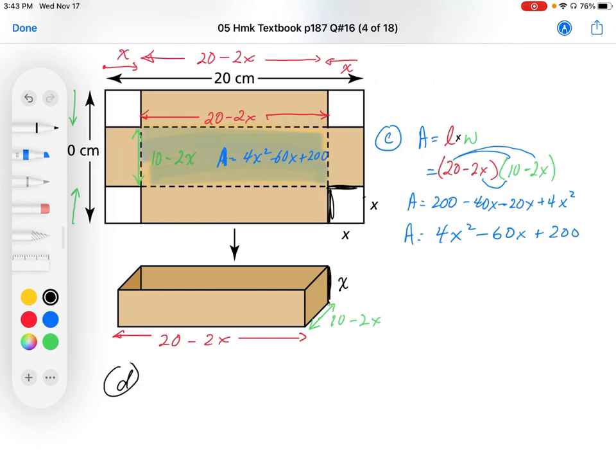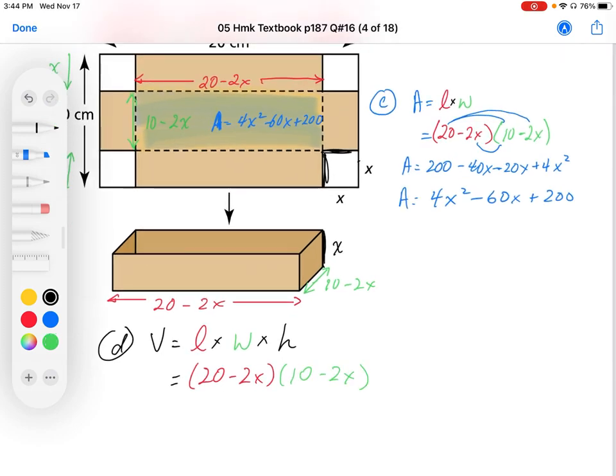Now if I want to calculate the volume, it's equal to length times width times height. My expression for length is 20 minus 2x, my expression for width is 10 minus 2x, and my expression for height is x.